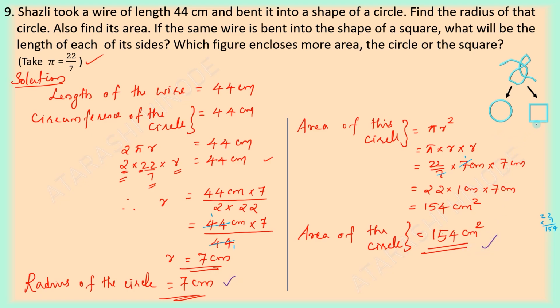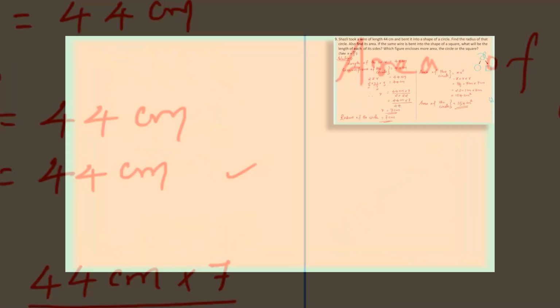Next, we have to find the length of each of the sides of the square. Let us do. Here also, first let us write length of the wire, that is equal to 44 centimeter.